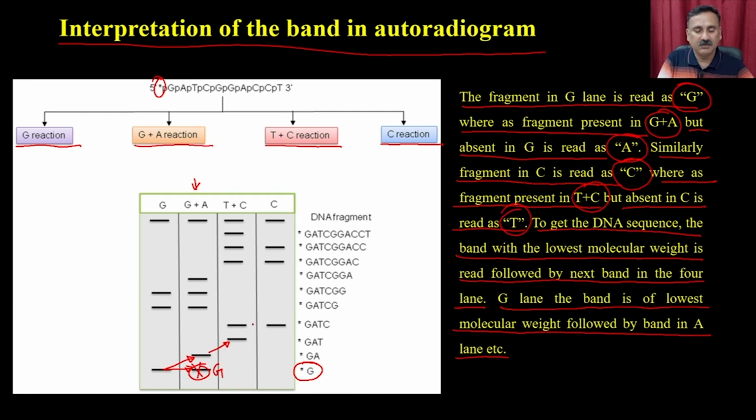From here you see these two bands are at the same level, so it is going to be read as C. Then from here you are going to read this as G, and so on.